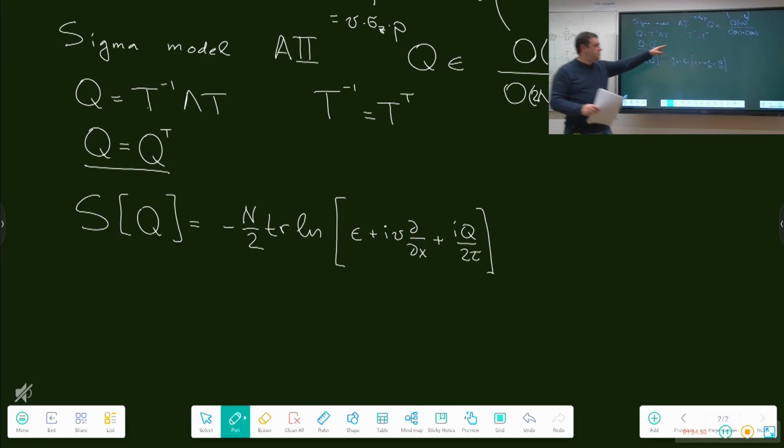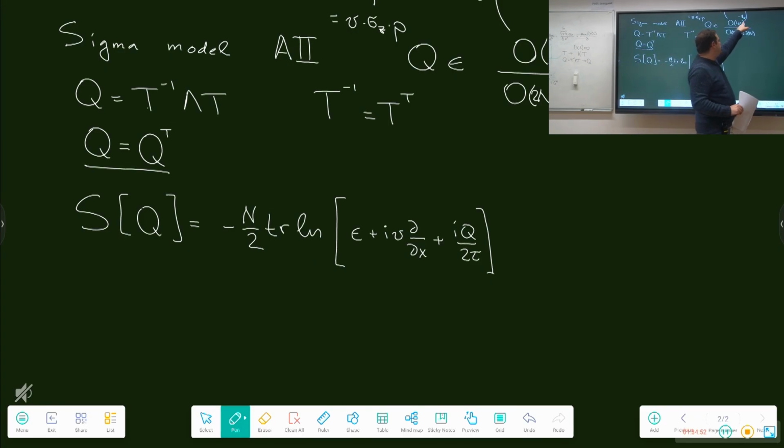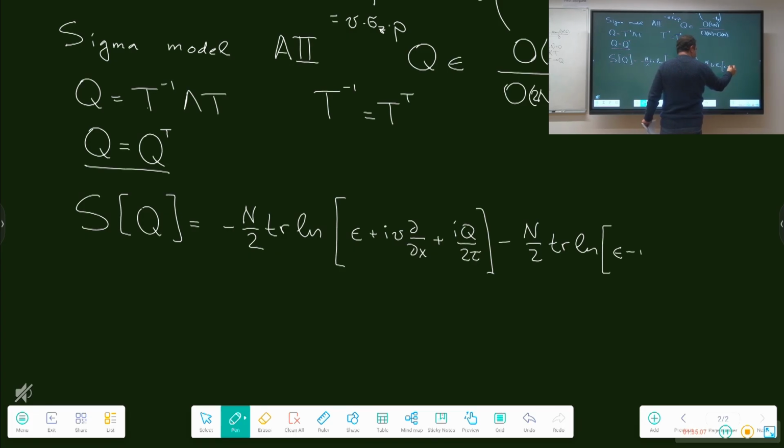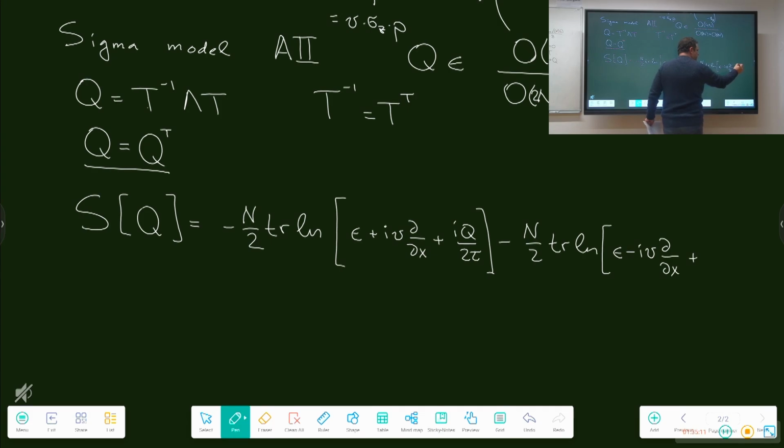Sorry, it's a different n. This n here is the number of channels. Minus the same number, n over 2, trace logarithm of epsilon minus iV d/dx plus iQ over 2 tau.